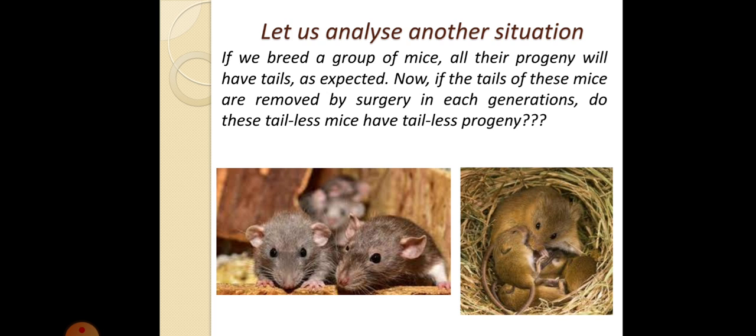Now, what we are doing is cutting the tails of all the mice in each generation. That means if the father and mother mouse are tailless, then will the offspring also have no tail? So this is the question.